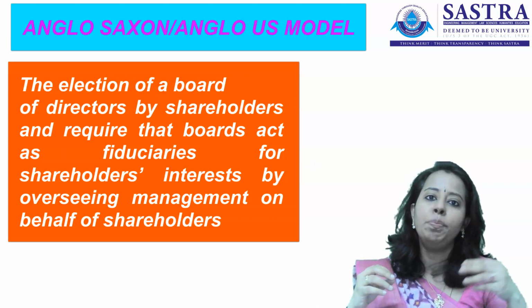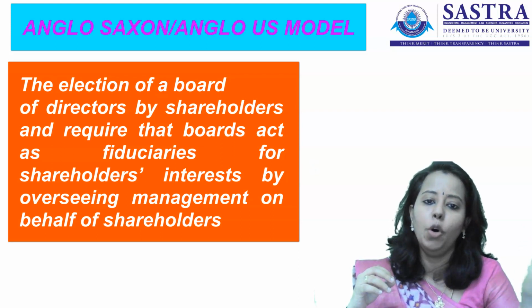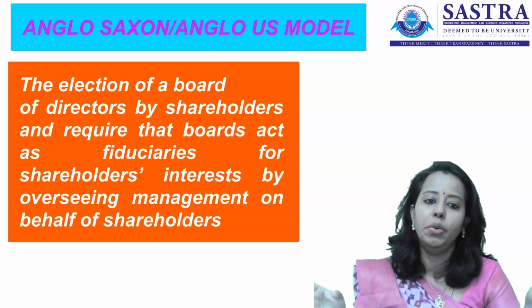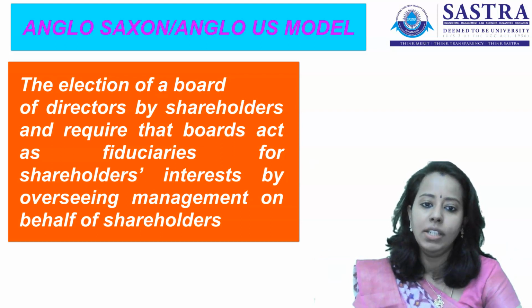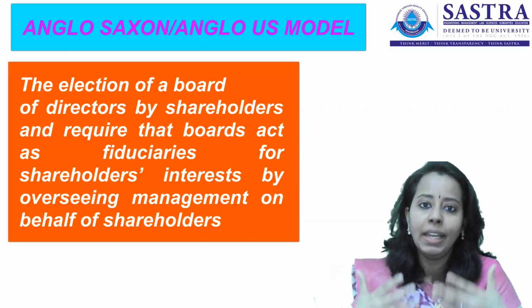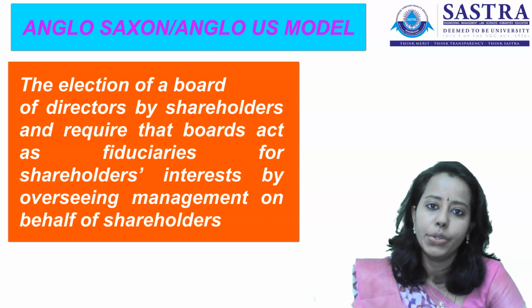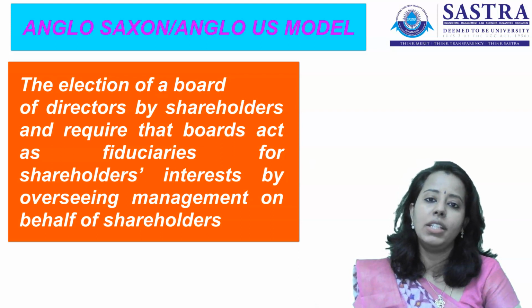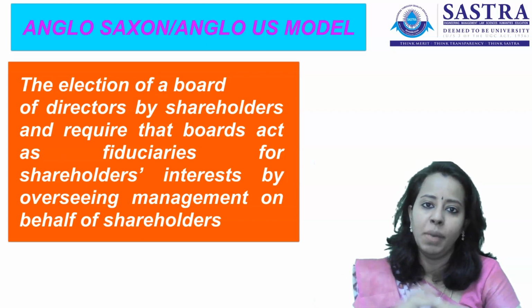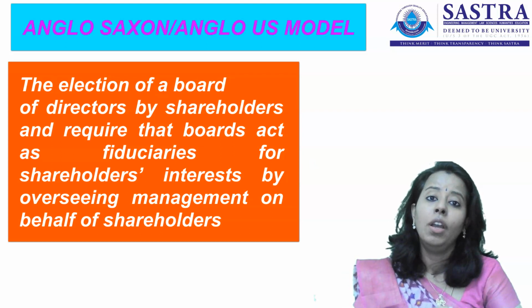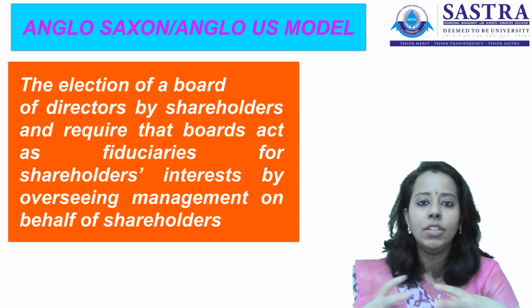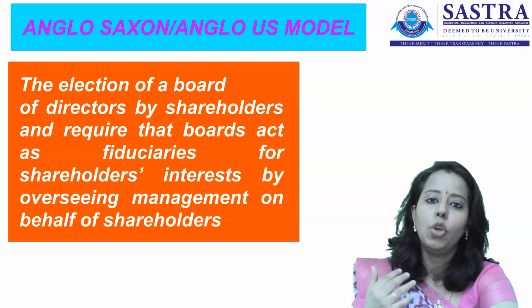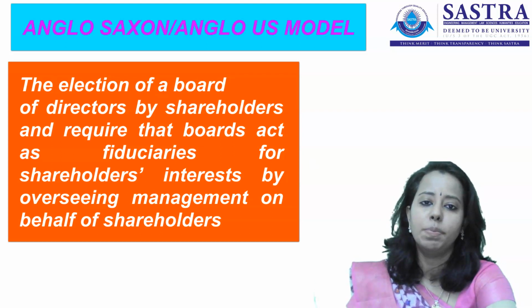They prescribe the election of a board of directors by the shareholders, and the board members act as fiduciaries for the shareholders' interest by overseeing the management on behalf of the shareholders, so that they can reduce the conflicts that arise between the shareholders and the management. As I already mentioned, it is not necessary that both of their interests should coincide. To avoid this sort of conflict, they have this pattern.